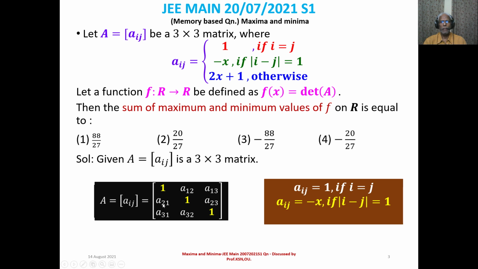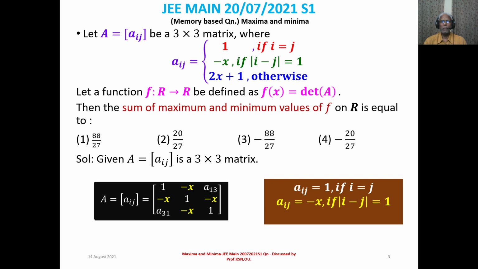So in this A21, A12, the difference of the indices is 1. A32, A23, the modulus of the difference of indices is also 1. Therefore, these are to be replaced by minus x. So replace A12, A21, A23, A32 with minus x.